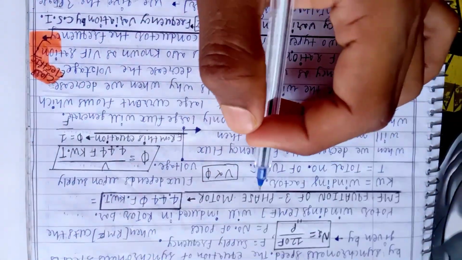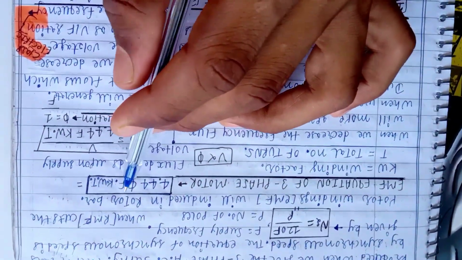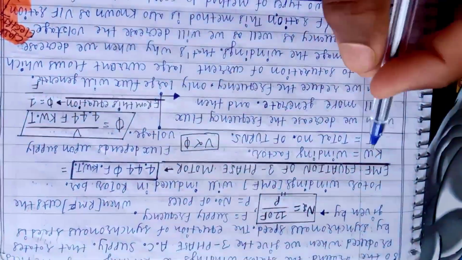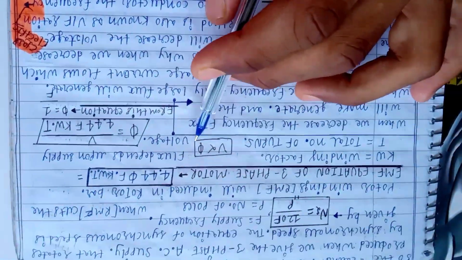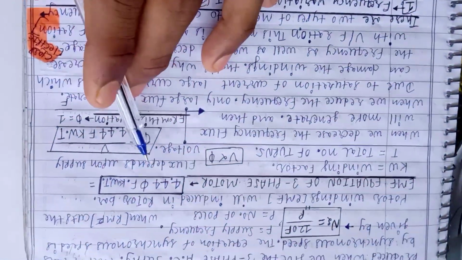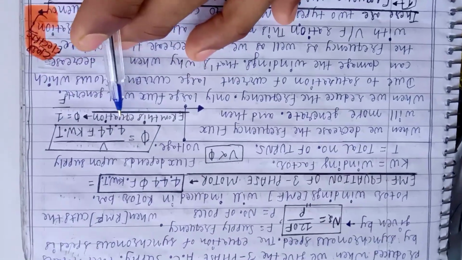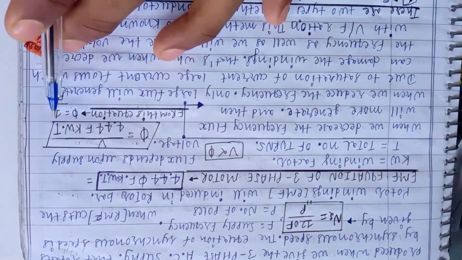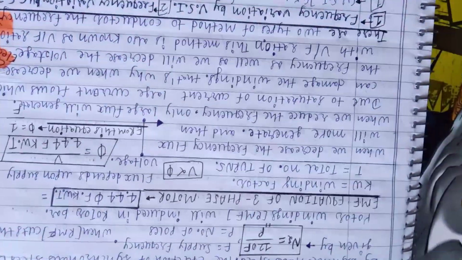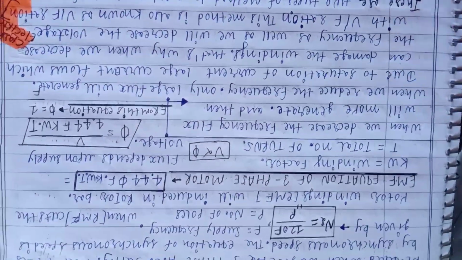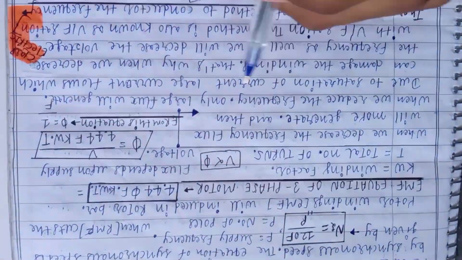So, the EMF equation of the three-phase motor is E equals 4.44 F Kw into T, where Kw equals winding factor and T is the total number of turns. V is proportional to phi. It means flux depends upon supply voltage, phi equals V upon 4.44 F Kw into T. So, from this equation, phi is proportional to 1 upon F. When we decrease the frequency, more flux will be generated.